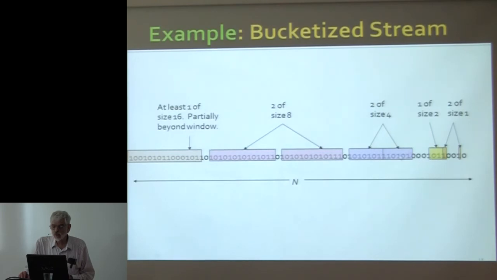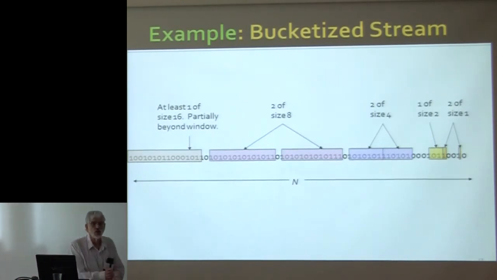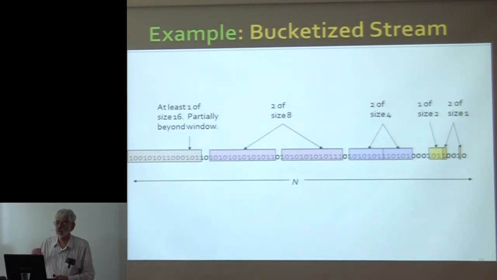And then you've got 2 buckets of size 4: 1100101 is one of them, and then previous to that we have 1010101. And then here's a bucket of size 8, another bucket of size 8. Here's a bucket of size 16, and that's already partially outside the window. Any previous bucket will have its end time prior to the n most recent inputs, so that's gone. We no longer have any record of any buckets outside that.